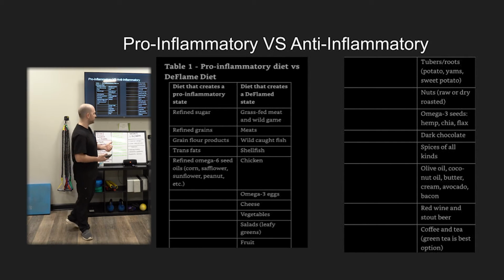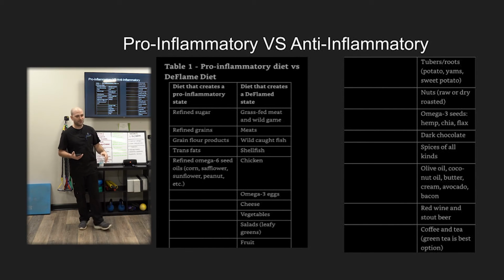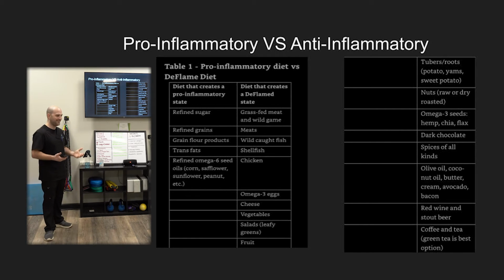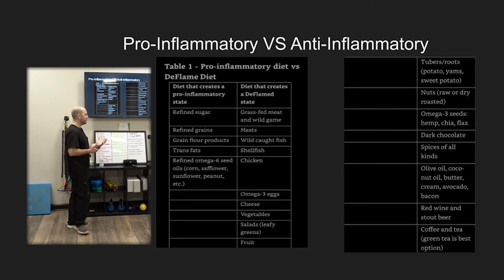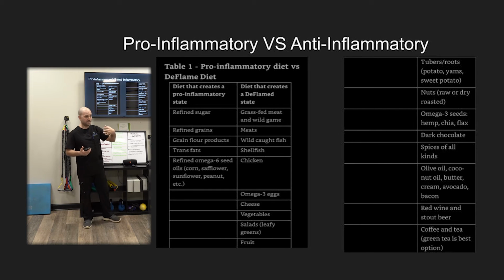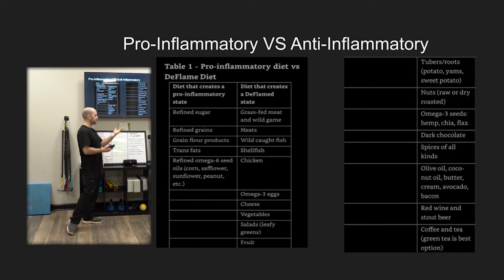So I try to tell people moderation is key on that one. If you're using alcohol as, oh, it's my vitamin for the day, you might be entering that negative effect versus positive effect. But these are generally made as an anti-inflammatory pathway. They're not using a lot of grains in them, so that's kind of why they're on this list.